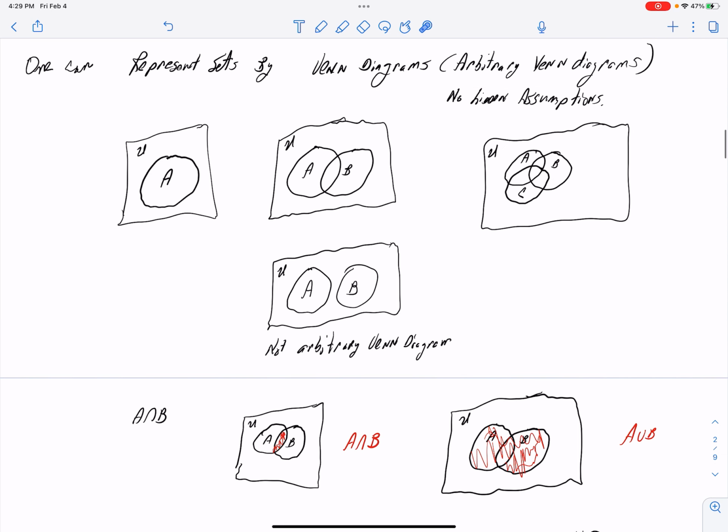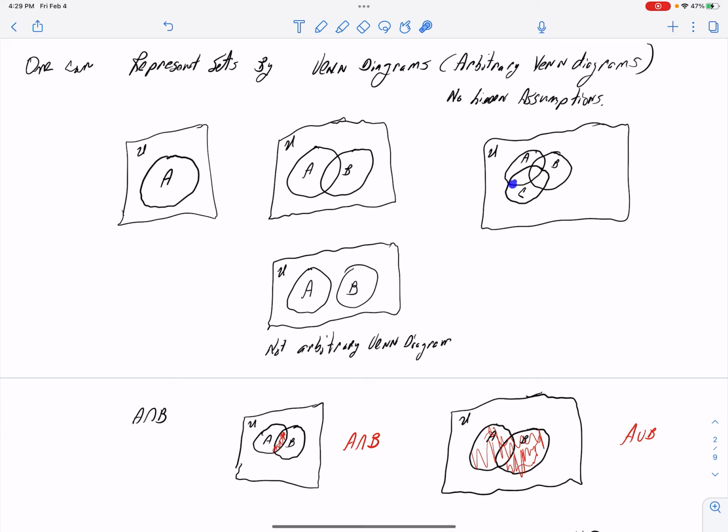No hidden assumptions. Here is an arbitrary Venn diagram of three sets where all possible overlaps are pictured. You can also have an arbitrary Venn diagram of 4 or 5 sets, but life gets really complicated.